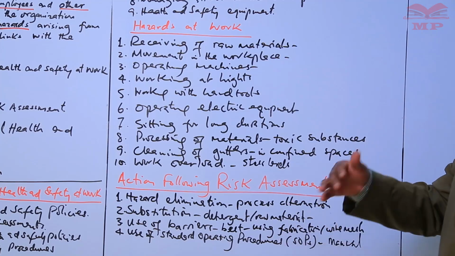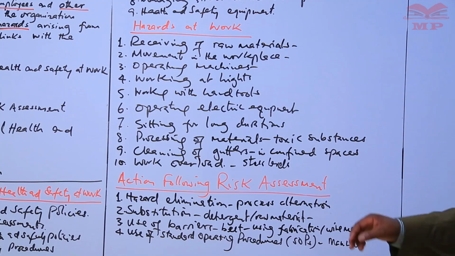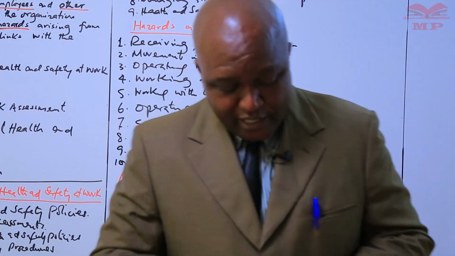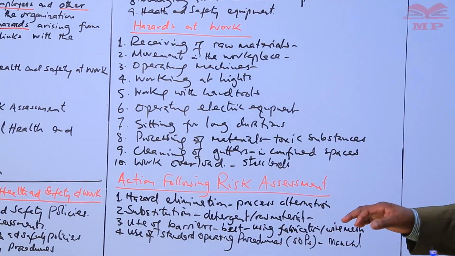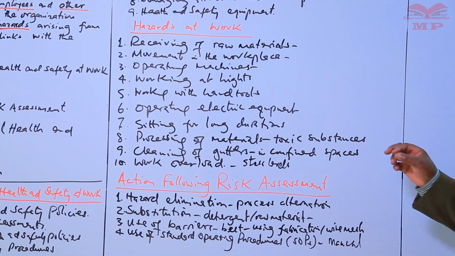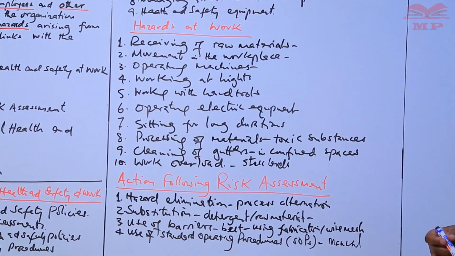You must ensure that the loading of the machine is in place. You must ensure that other features have been taken into consideration to minimize that particular danger and so on. So the use of standard operating procedures can also be instituted in that arrangement.